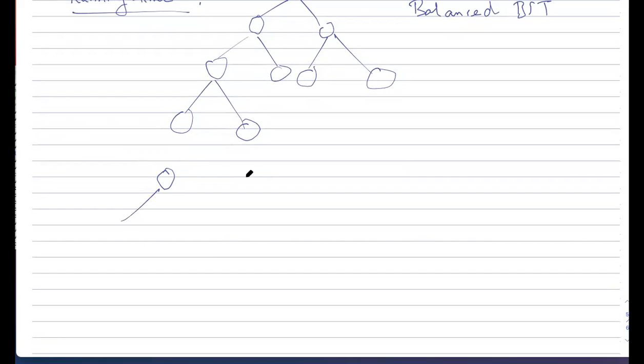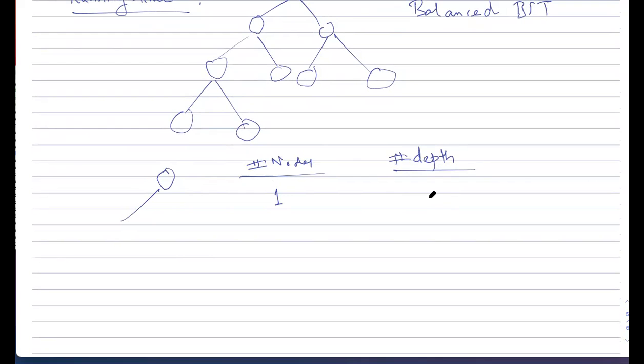If you have a single node, right? So if you try to jot down the number of nodes here and the number corresponding to the depth of the tree, right? If you have only one node, do you remember the definition of depth?